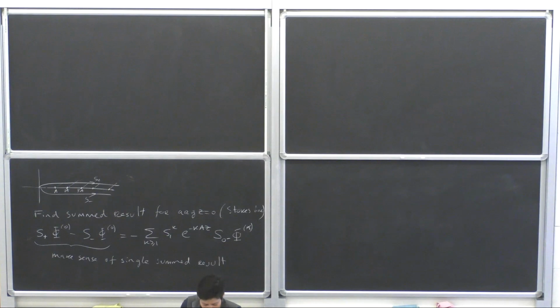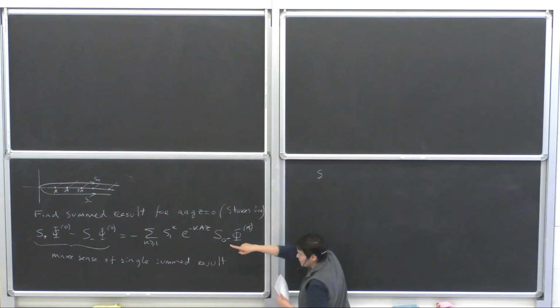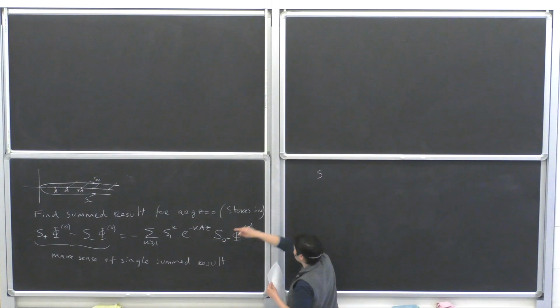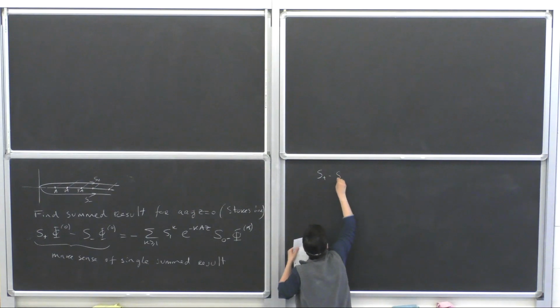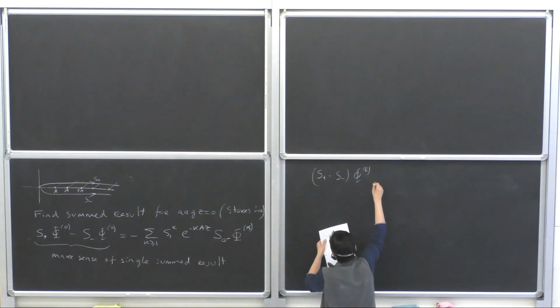So, in particular, what I know is that not only the S plus and S minus of the perturbative series have, but S plus minus S minus of all of them have.